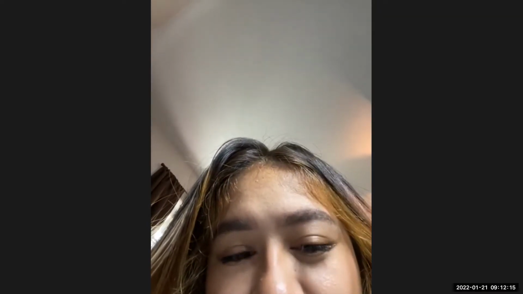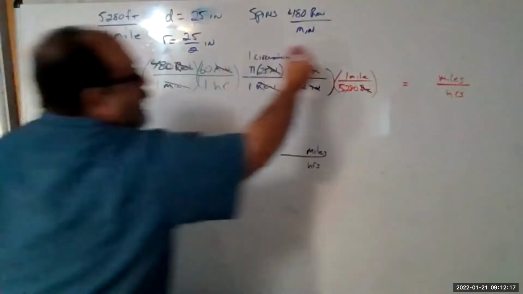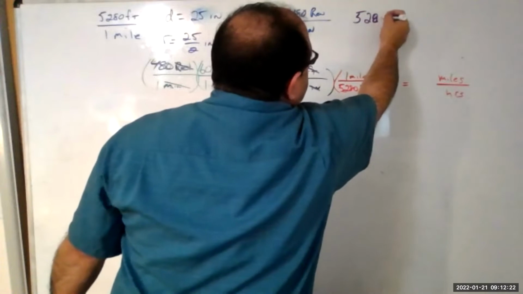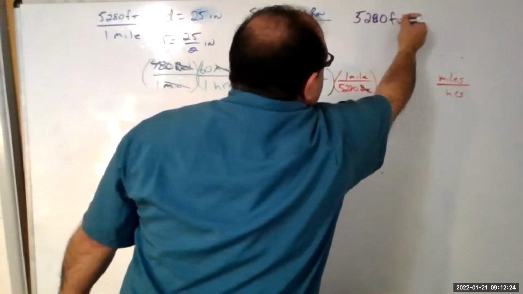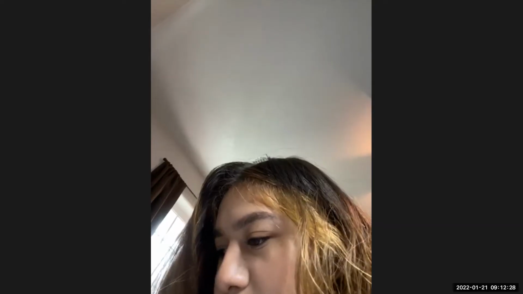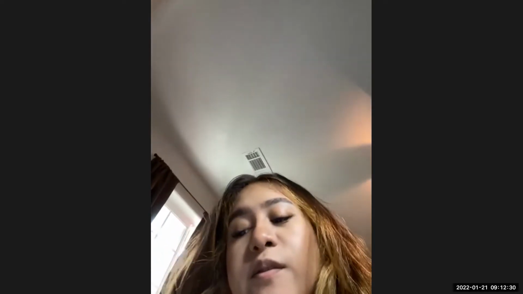Sorry, how many feet did you say were in a mile? 5,280. 5,280 feet equal 1 mile. Awesome. Okay. So then we would just kind of multiply across, correct?